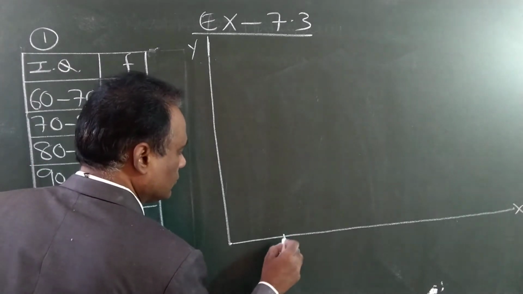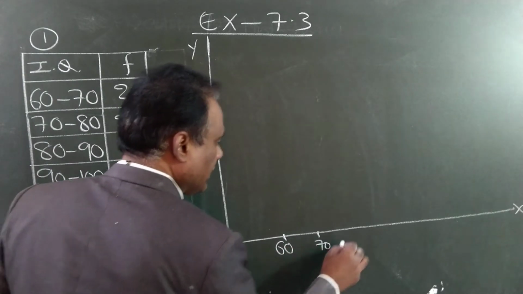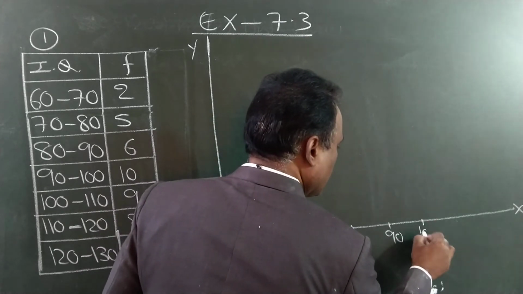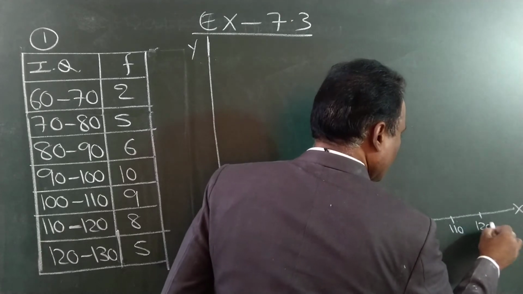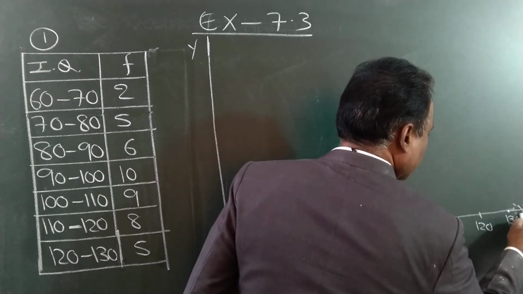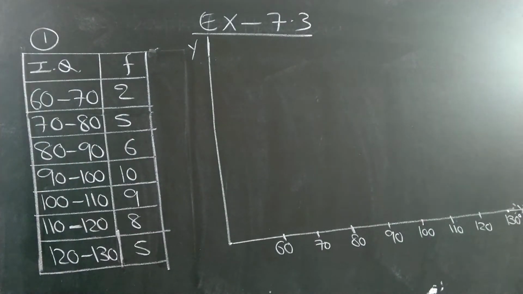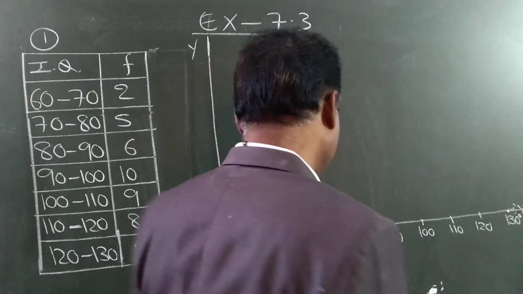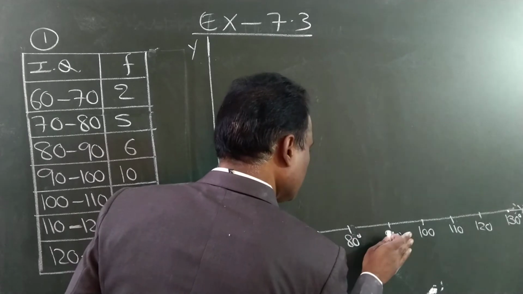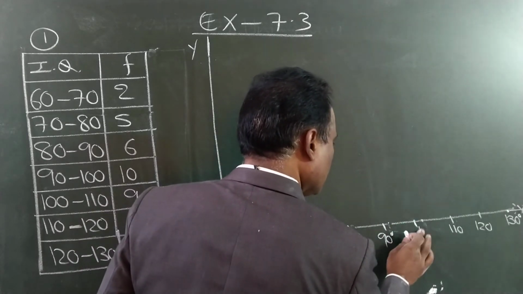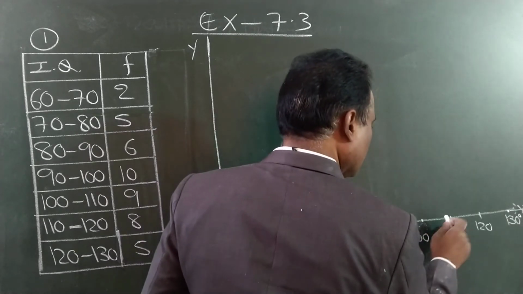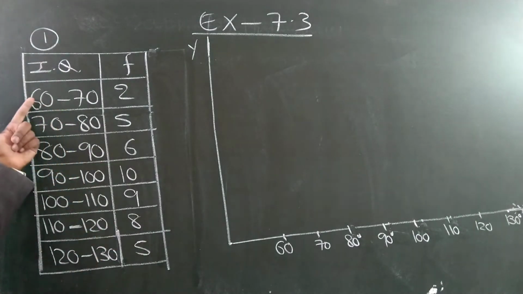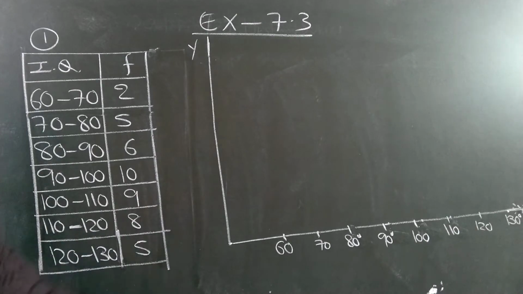Let us take the numbers like this: 60, 70, 80, 90, 100, 110, 120 and up to 130 I took.